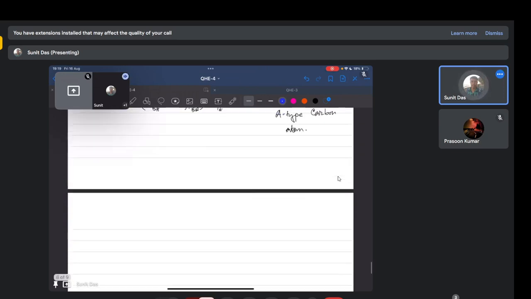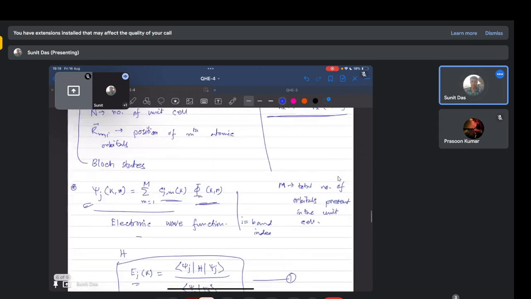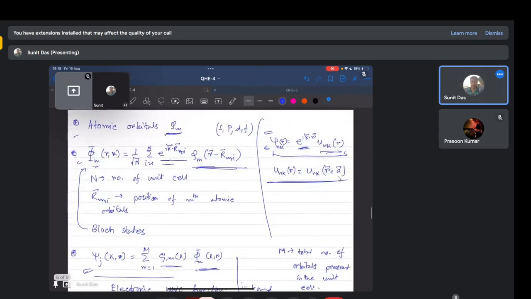So what we will find is that HAA, let's say, which is given by, we'll use this form. So this form actually, we are in the atomic orbital basis.